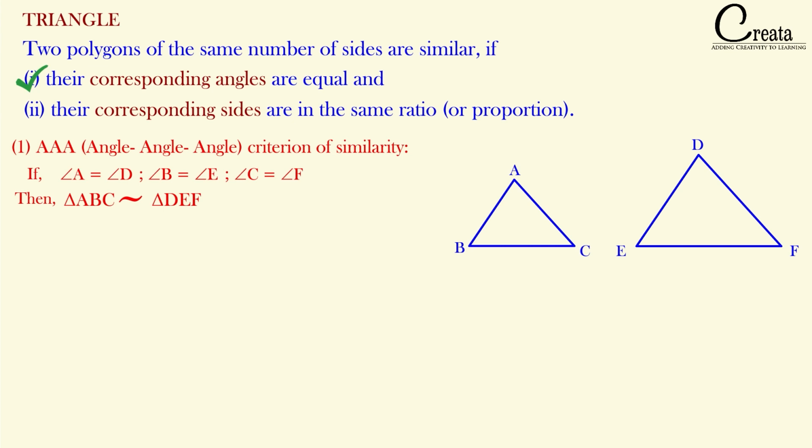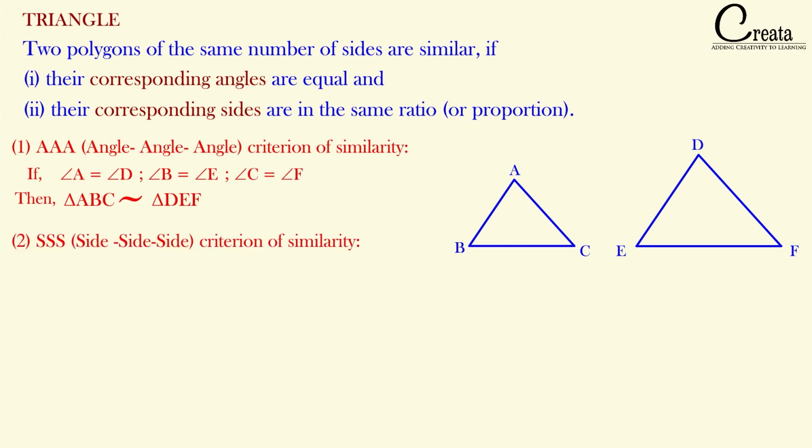The ratio of the corresponding sides will automatically be equal if the corresponding angles are matching. So if we have two triangles and the respective corresponding angles are matching with each other, then we do not have to check the ratio of the corresponding sides. The two triangles will automatically be similar to each other. So this is the first criterion.